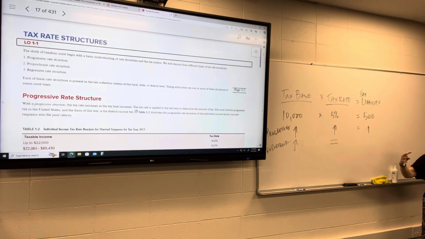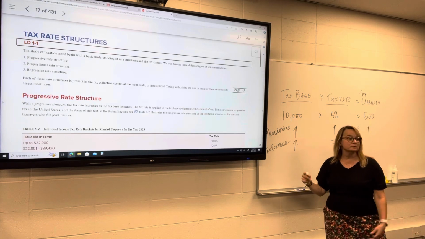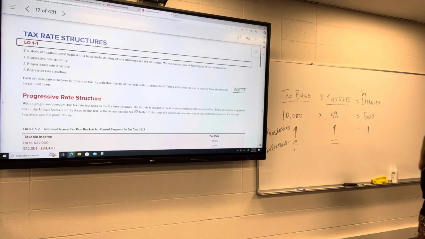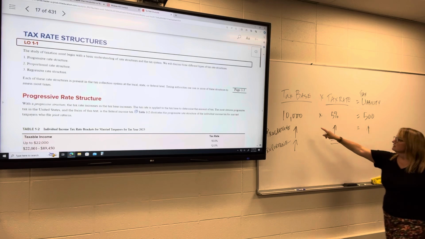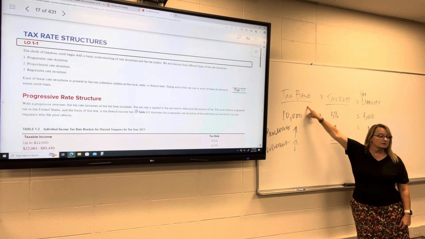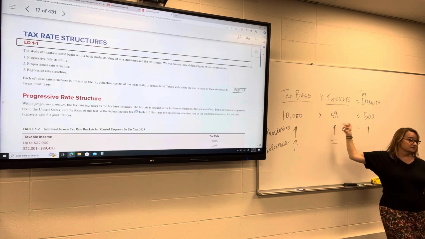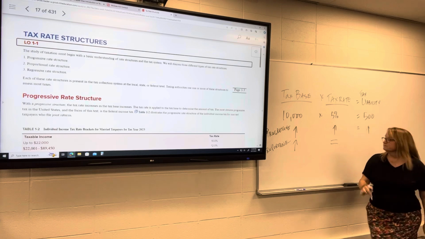Right? It's not going to change as we go up. And the example of our proportional tax rate was sales tax. If your purchase is within this tax base, it doesn't matter whether it's $1 or $100,000, that rate is going to remain the same, right?